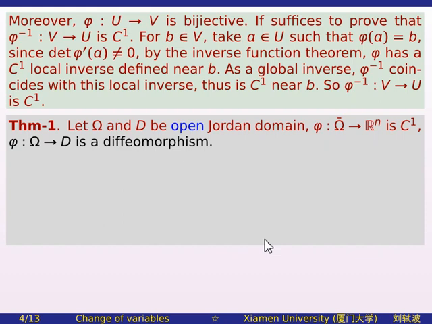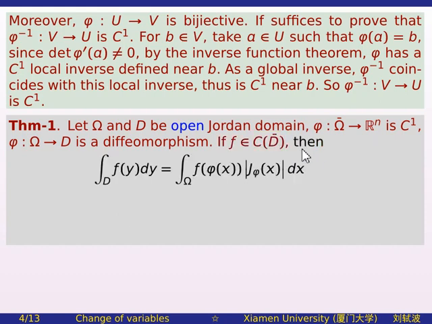So this is clear, what is a diffeomorphism. Then assume that f is a continuous function defined on the closure of D. Then our result is that the integral of f over D equals the integral of this function over omega. What is this function? This function is precisely replacing the y by phi(x). You can consider y equal to phi(x).